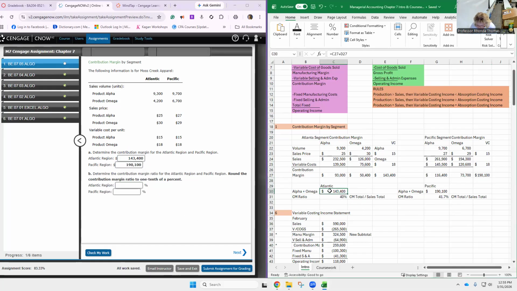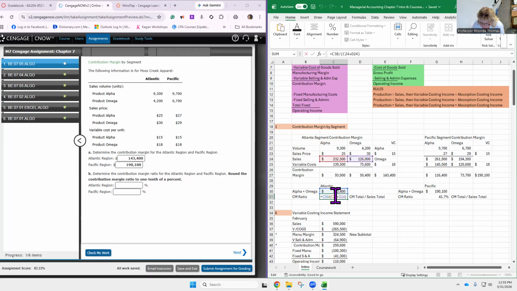Now we want to know the contribution margin percentage. So here is the alpha plus omega divided by sales total. If you take contribution margin total and divide by total sales, you'll get 40%.